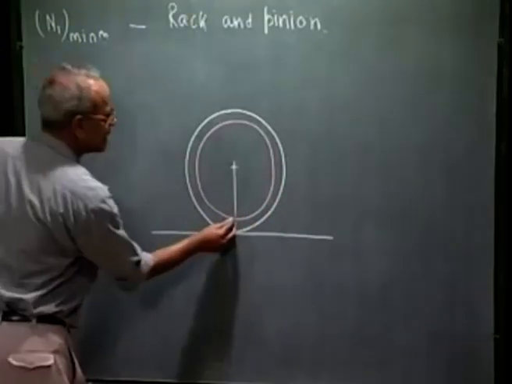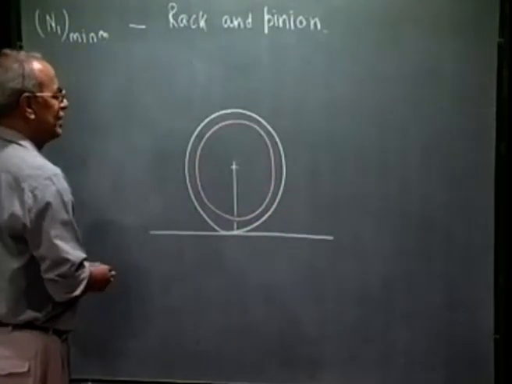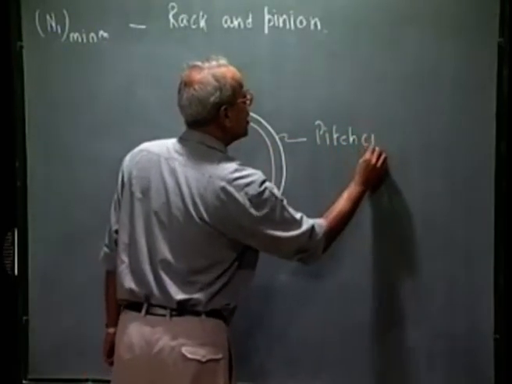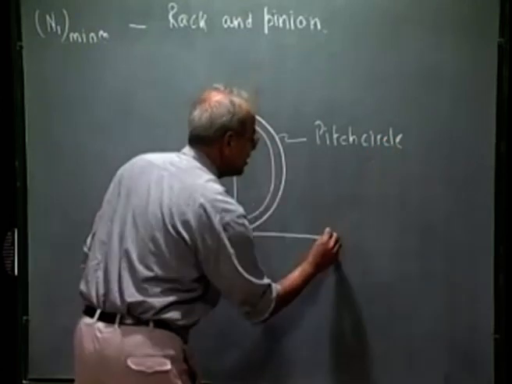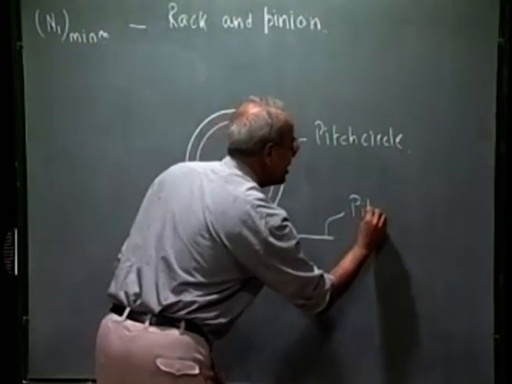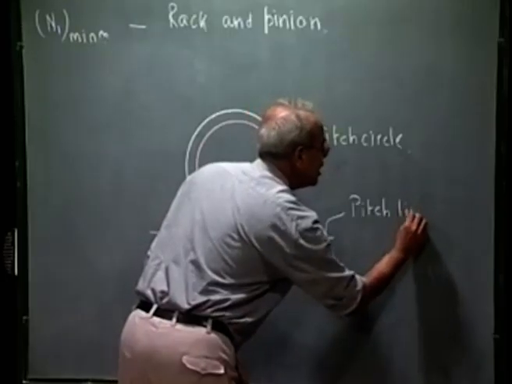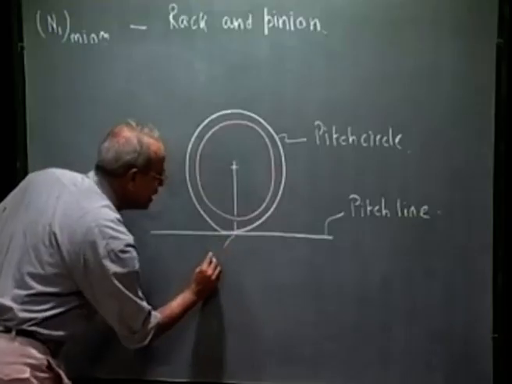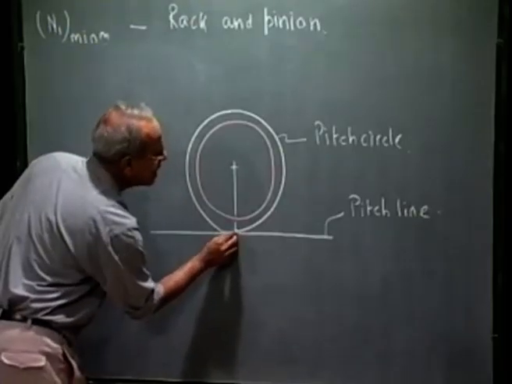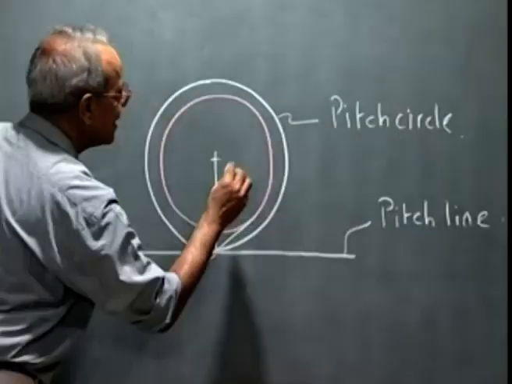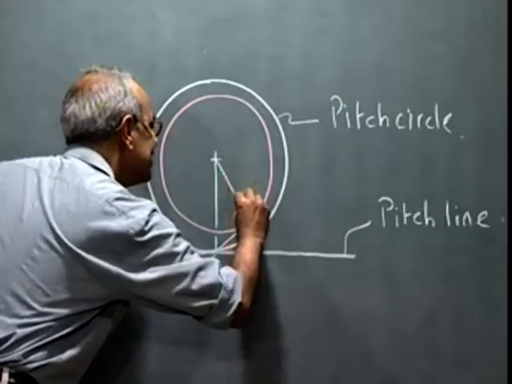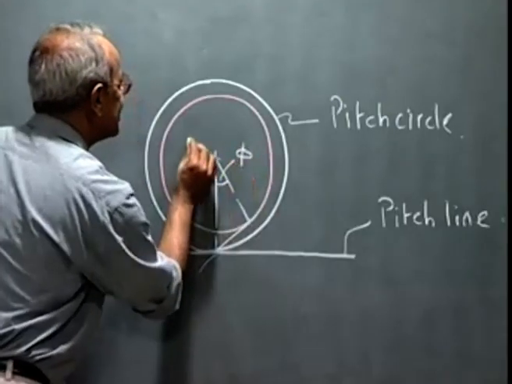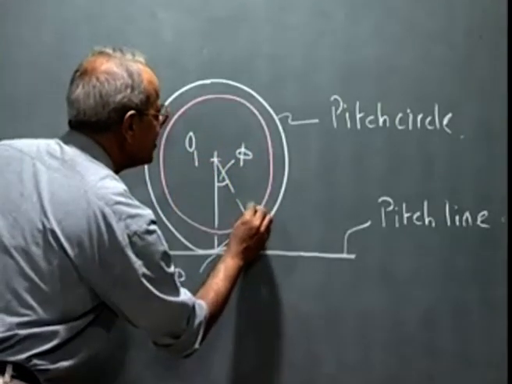This is the base circle of the pinion. If I draw from this pitch point P, a tangent to the base circle, this angle is phi. This is O1.